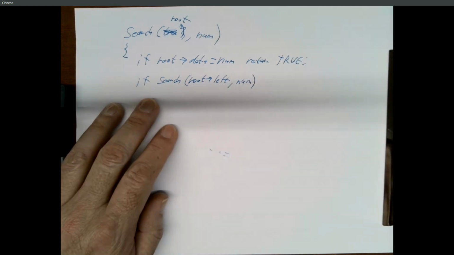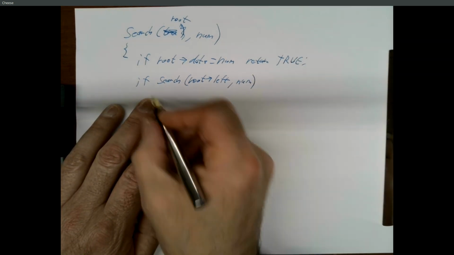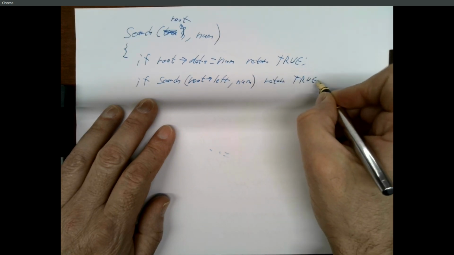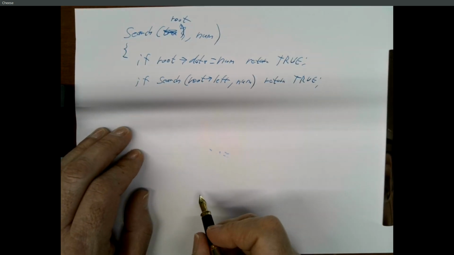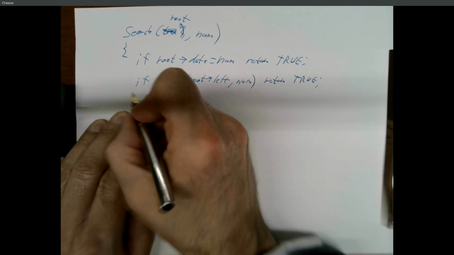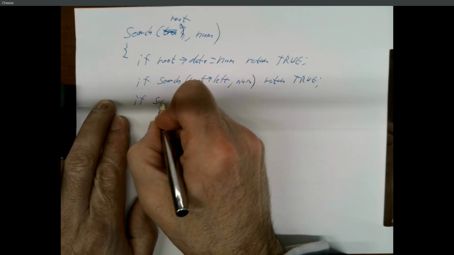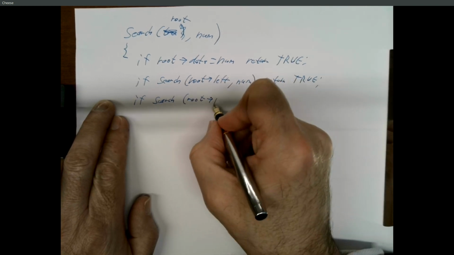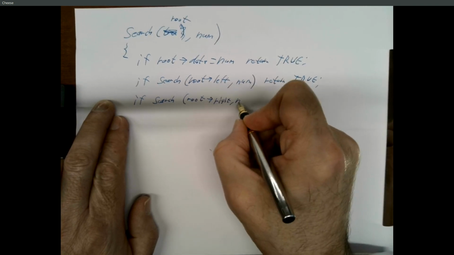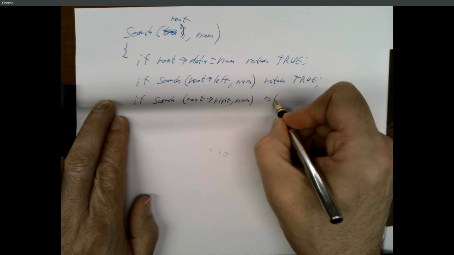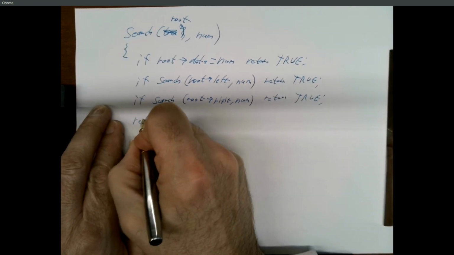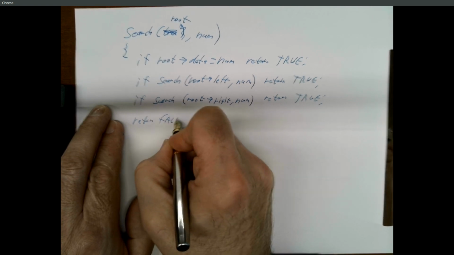So let's search the left subtree for num. If that's true, then we'll return true. If that's not found, let's search the right subtree for num. And if that's true, return true. Otherwise, return false.